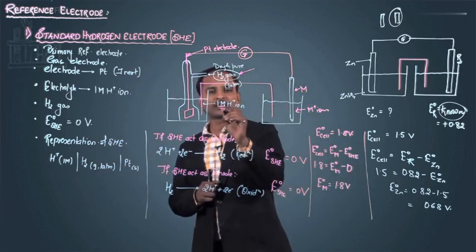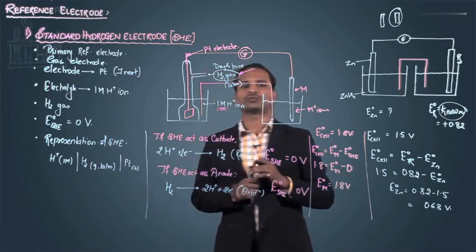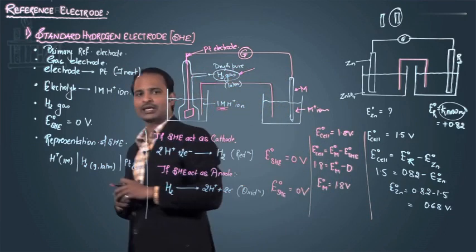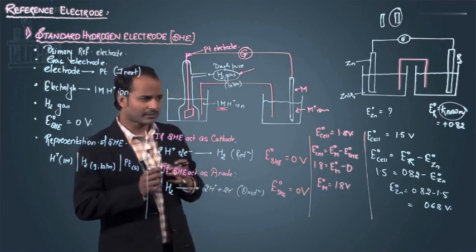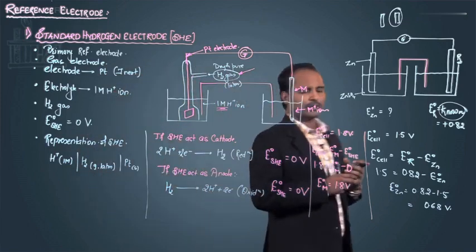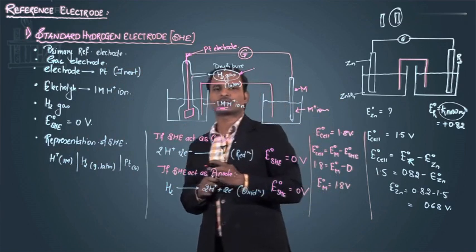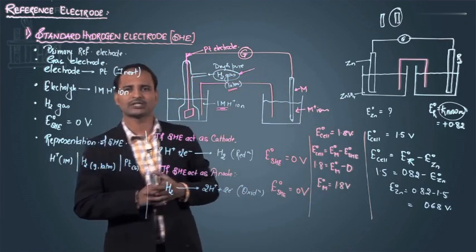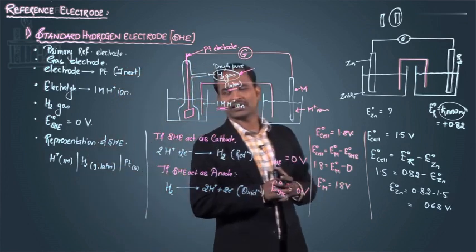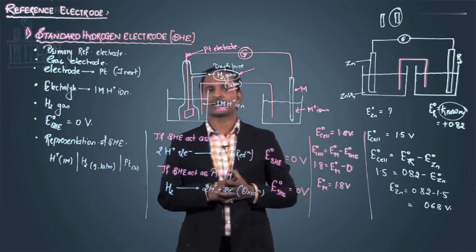If the solvent decreases, then maintaining a concentration of exactly 1 molar is a difficult task. And third, maintaining the pressure of the hydrogen gas continuously at 1 atmosphere. So these are some limitations of the hydrogen gas electrode.